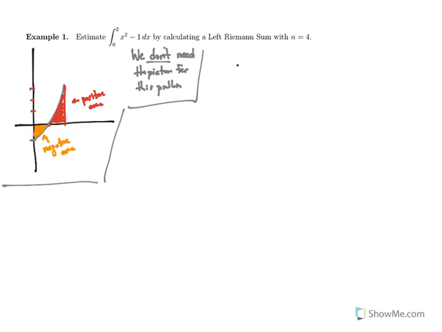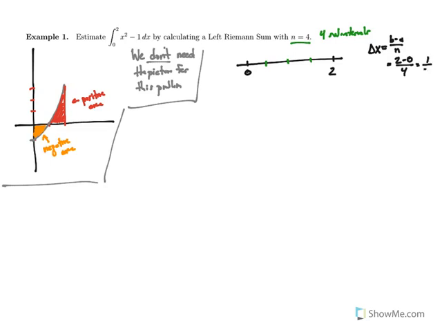I'm going to start by looking at the x values here from 0 to 2, and I'm going to break it up into 4 subintervals. So I would do that like so, and we could say that delta x is going to be b minus a over n. b is 2, a is 0, n is 4.